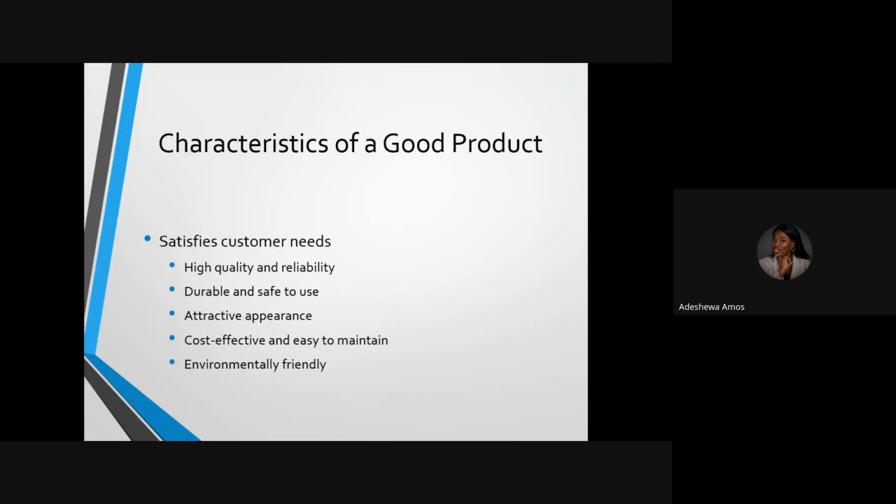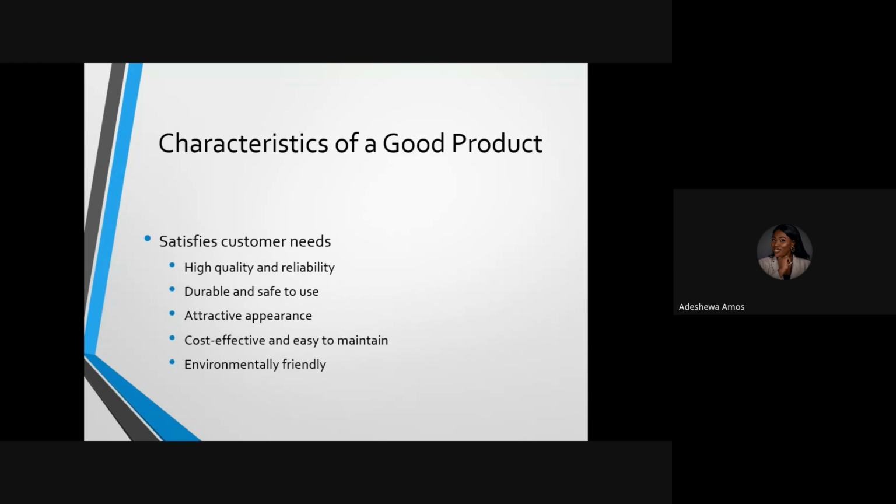Then the third characteristic of a good product is durable and safe to use. So you shouldn't buy a product that will put your life in danger, because a product that is putting your life in danger is not a good product, meaning that it does not have the characteristics a good product should have. So it should be very safe for you to use.